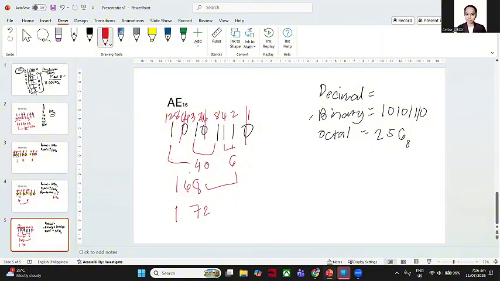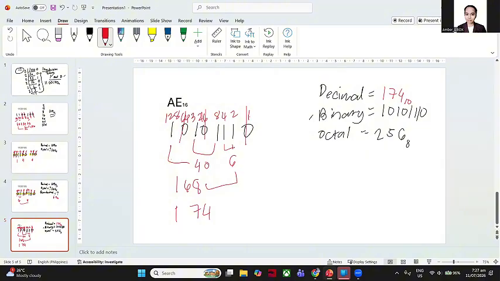Okay, so it's 174. So we have our decimal, 174 base 10. Now it's easy, right? It's easy if you remember the given.